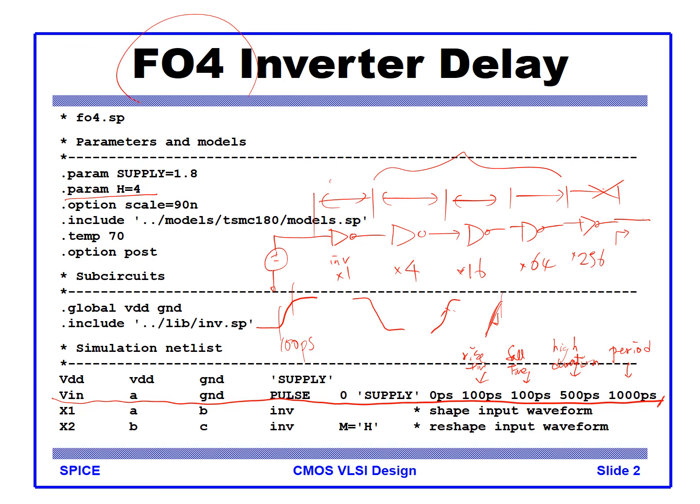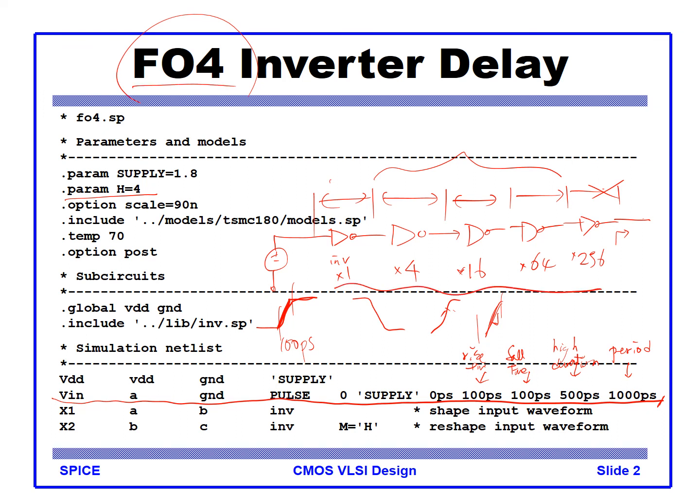It may be 150 picosecond or 200 picosecond, whatever. So we have to wait until the edge is stabilized. We need some stabilizing inverter stages until this edge is finalized. That's why we add lots of inverter chain here to find the fan-out of 4.